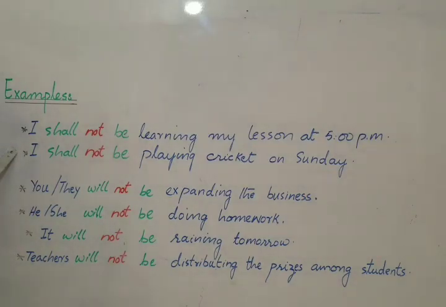I shall not be playing cricket on Sunday. You, they will not be expanding the business. He, she will not be doing homework. It will not be raining tomorrow. Teachers will not be distributing the prizes among students. I hope you have understood very well about the negative sentences.